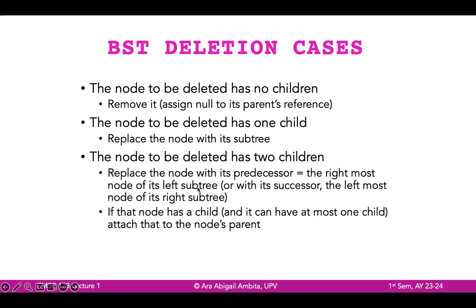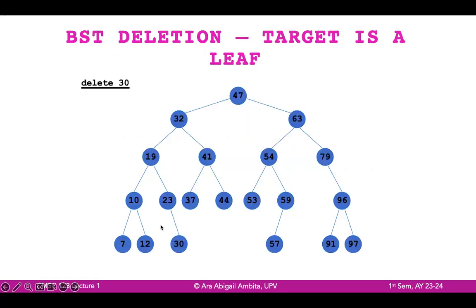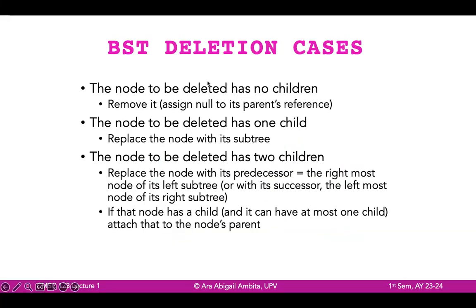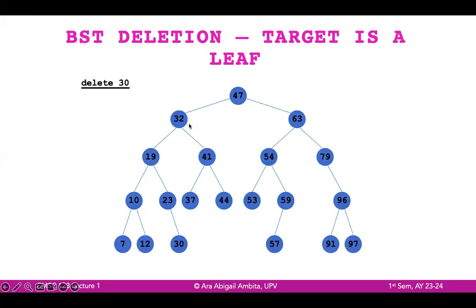Okay? So if that node has a child, then it can have at most one child. Then what we can do is attach that to the node's parent. So let's see. This is the case wherein the target is a leaf, the first case, where it doesn't have any children.